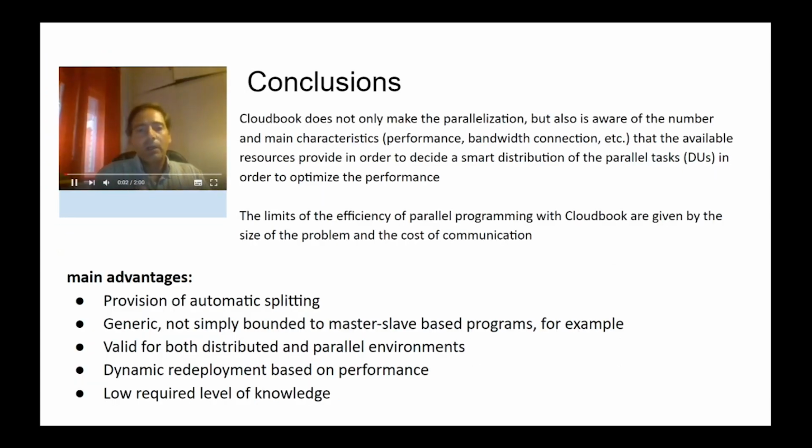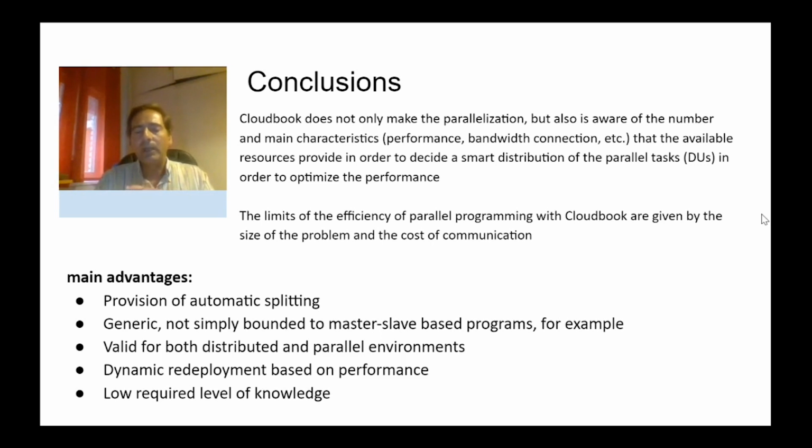The conclusions. Cloudbook makes parallelization, but also is aware of the number of machines and the characteristics of every machine involved in the execution. So we solve both problems: the production of deployable units, the splitting of the code, and also we produce code that takes into account the different capacities of the different machines involved in the execution.